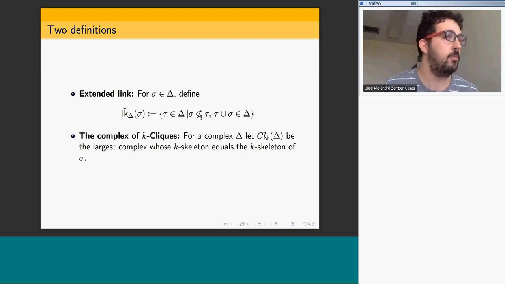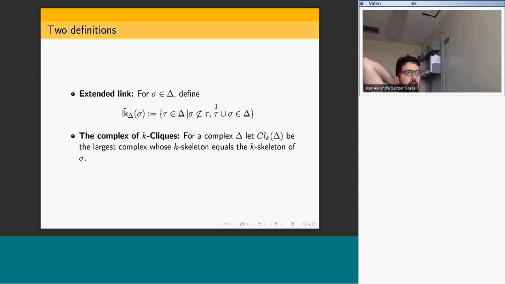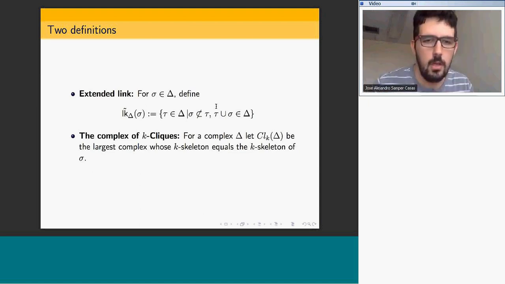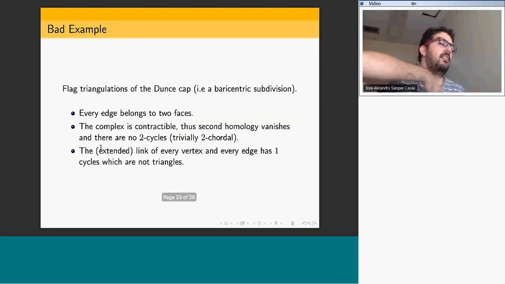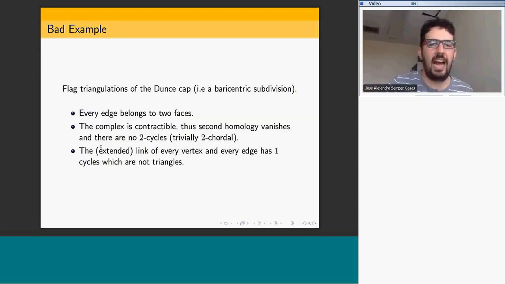I join tau with sigma in the usual link, such that tau union sigma is a face of my complex. So you think of this as the usual link of sigma. Complex of k links, which is a notion that I mentioned earlier. If I start with a simplex, I'm going to add, so a skeleton adds every missing face of dimension higher.